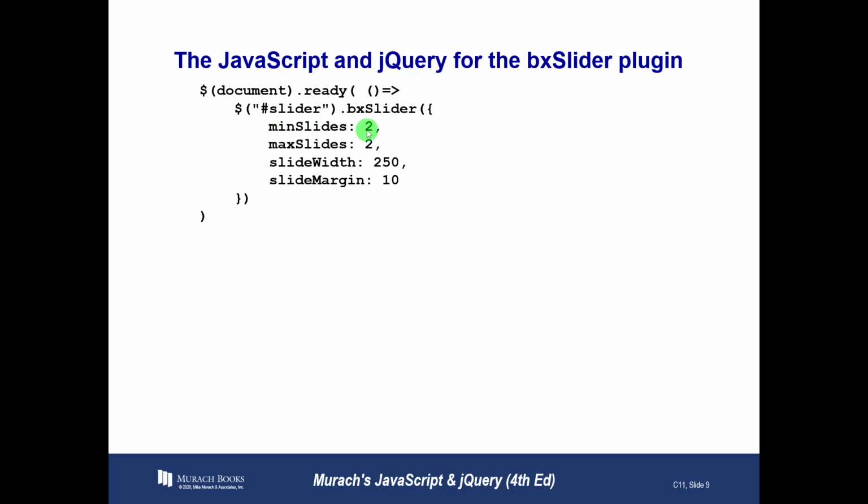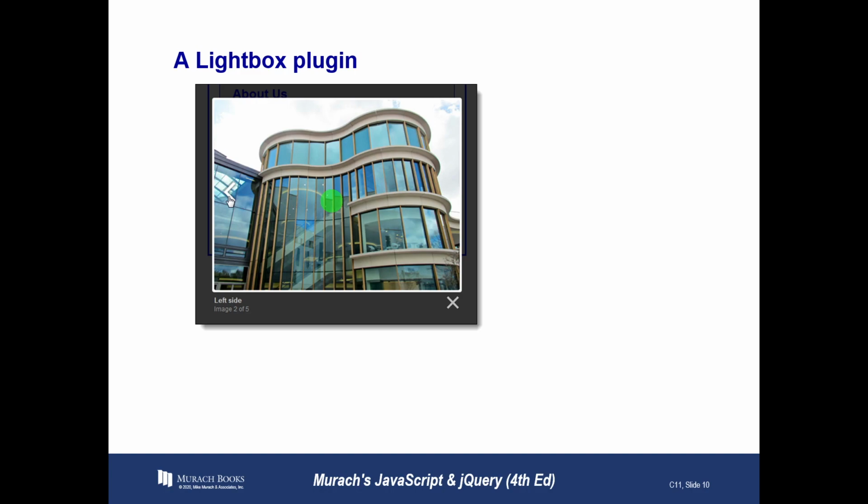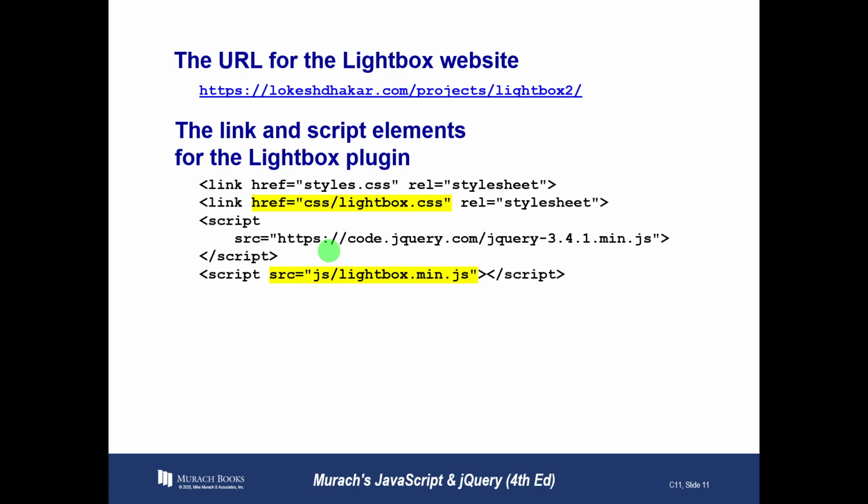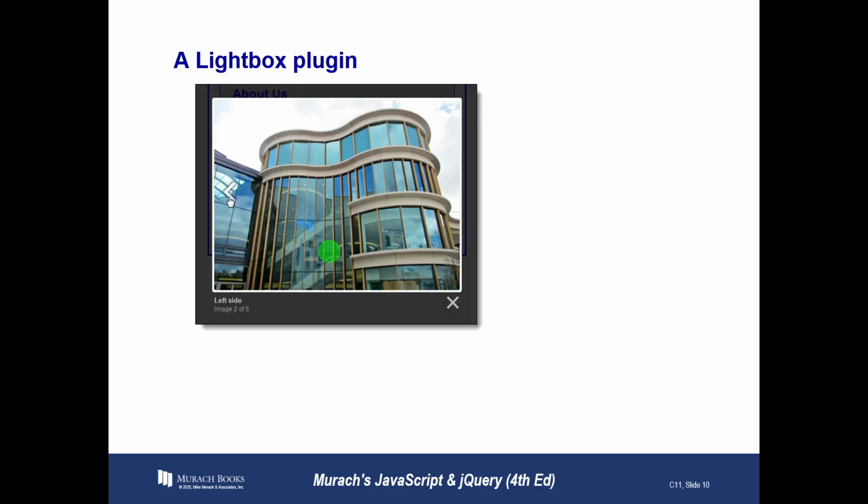You'd have to specify the minimum number of slides, the max number of slides, their width, and their slide margin. You would tweak these settings so it works with your website and the number of images that you're using. And here's an example, one of their buildings that says left side, and there should probably be a front side in there somewhere. Okay. So that's box slider.